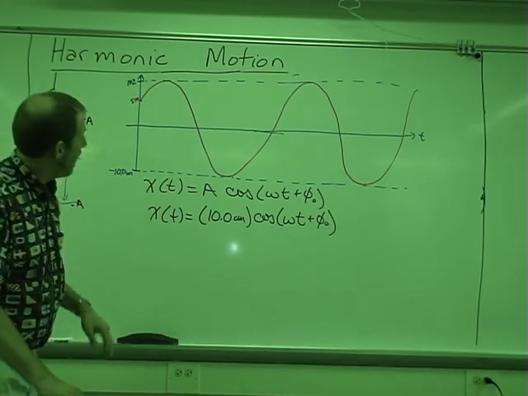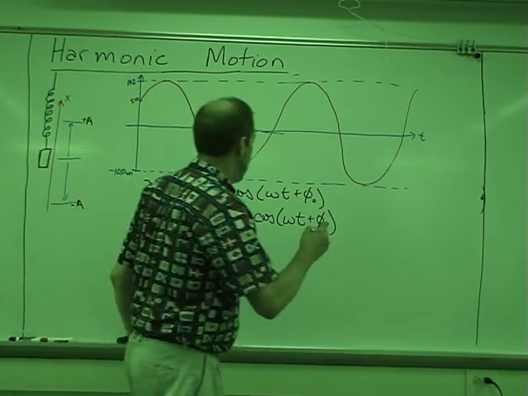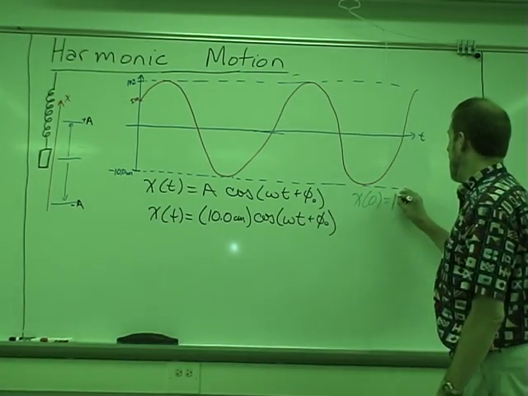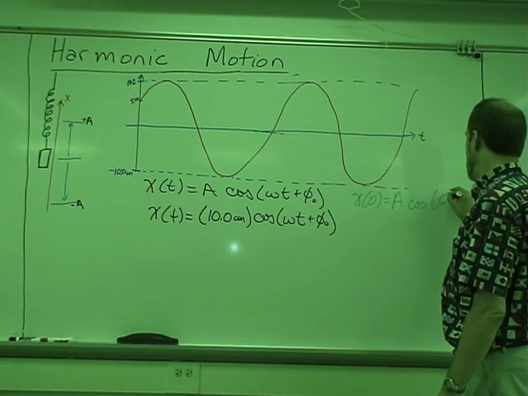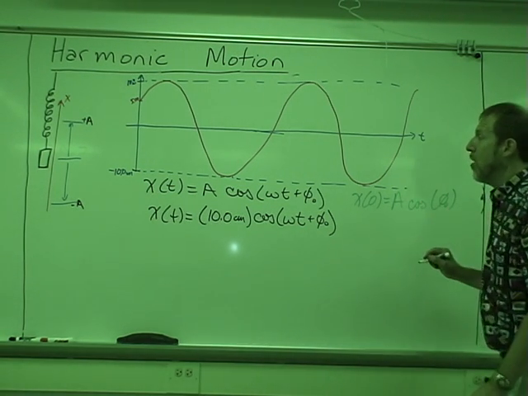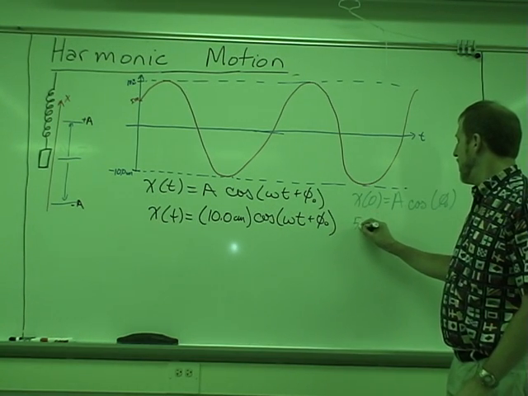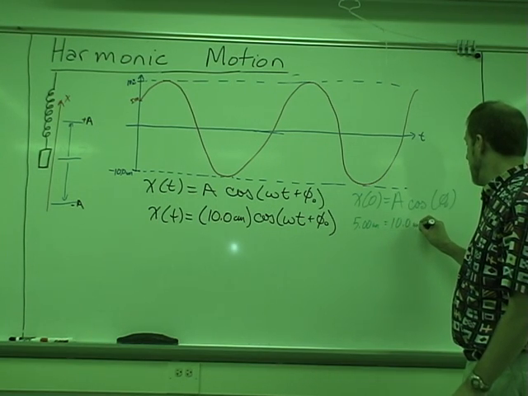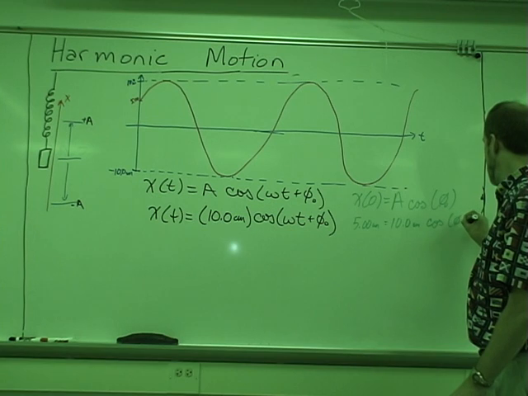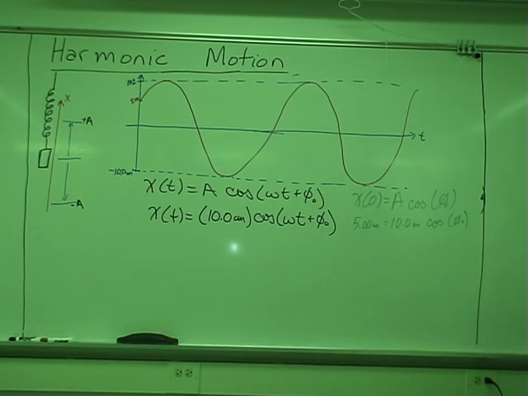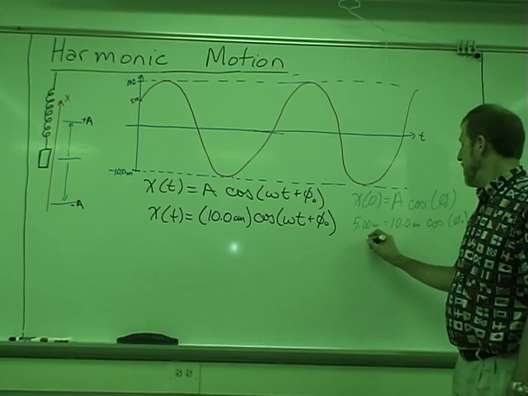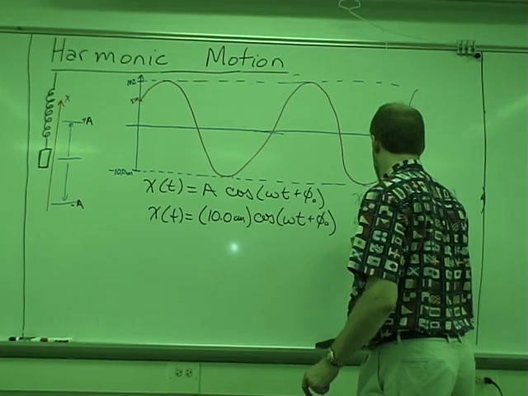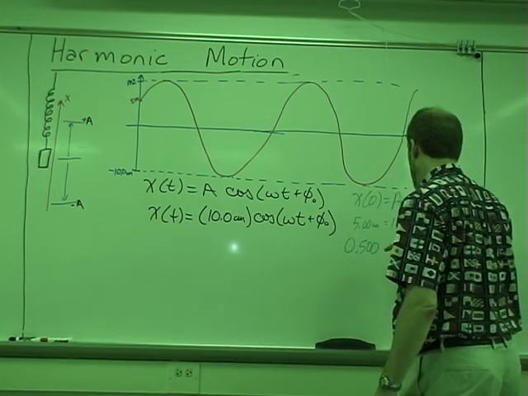Because if I look at that at 0, then I should have x at 0 is equal to A times the cosine of simply the phase constant. Or 5 centimeters is equal to 10 centimeters times the cosine of the phase constant, or 0.500.